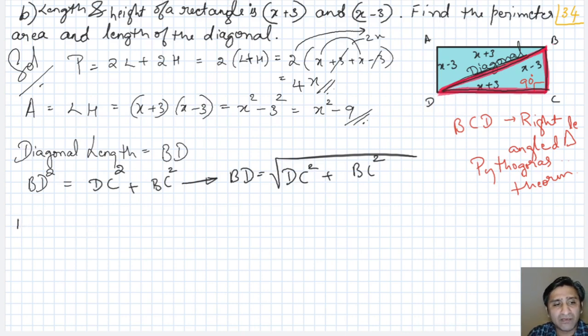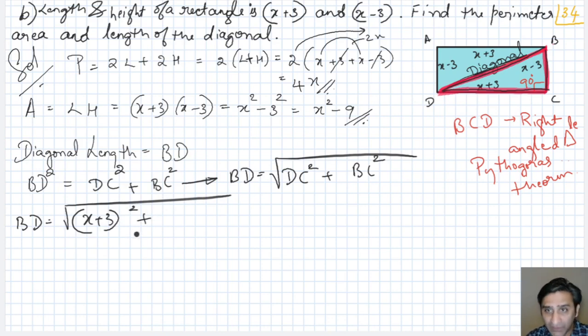So diagonal length BD is the square root of, what is DC for us? It is (x plus 3) whole squared. And what is BC for us? BC seems to be (x minus 3) whole squared. Very good.